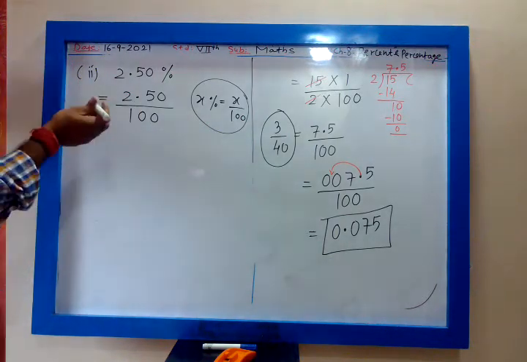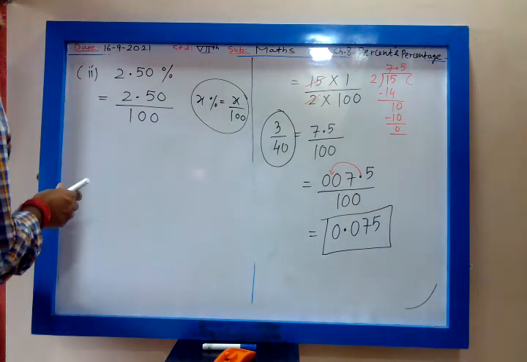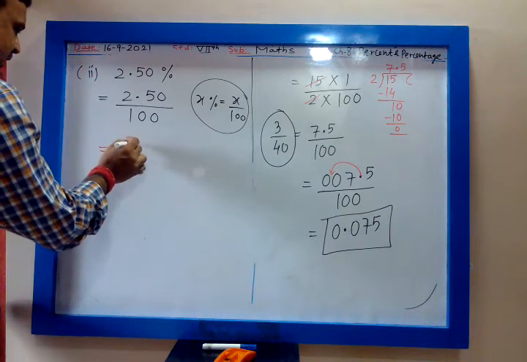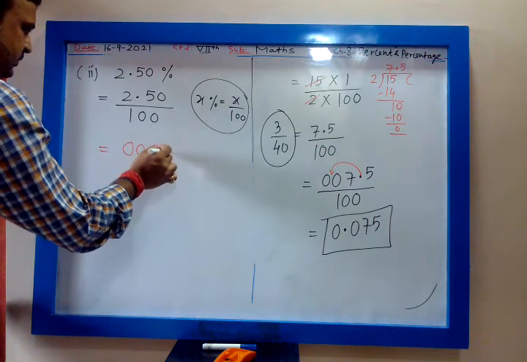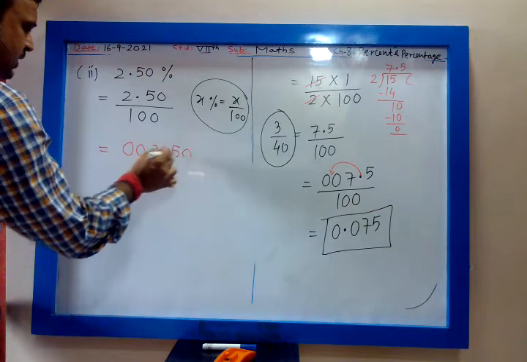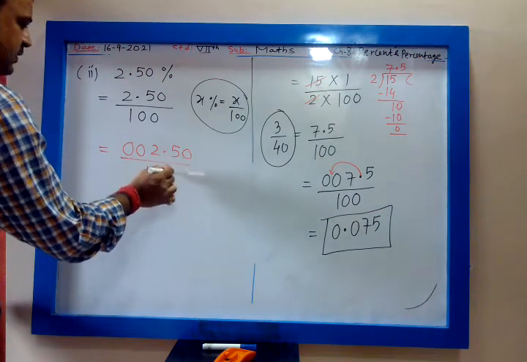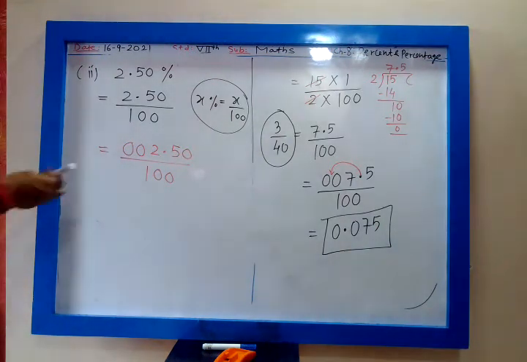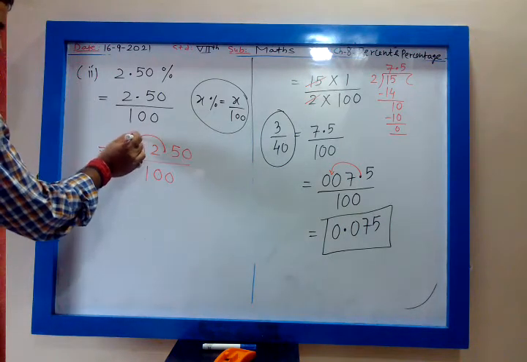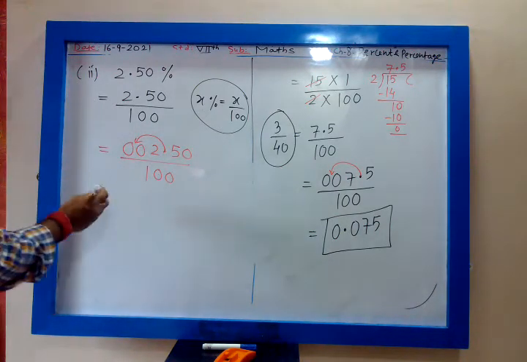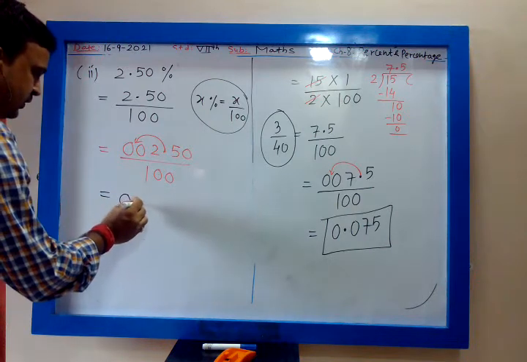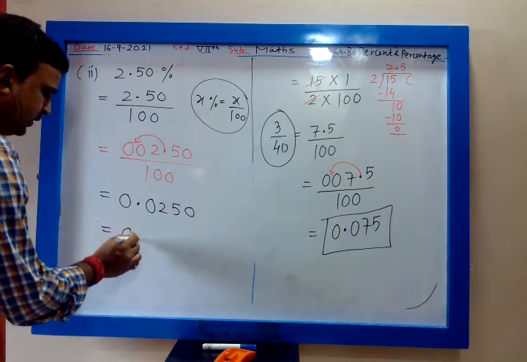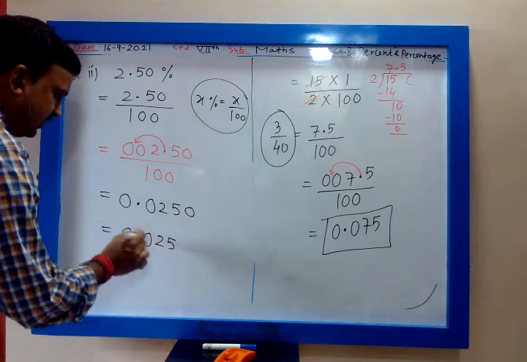You want to express this as a decimal number, no? So this I can write 2.50 upon 100. Now I will shift the decimal 2 places. So this will be 0.0250. This is same as 0.025.